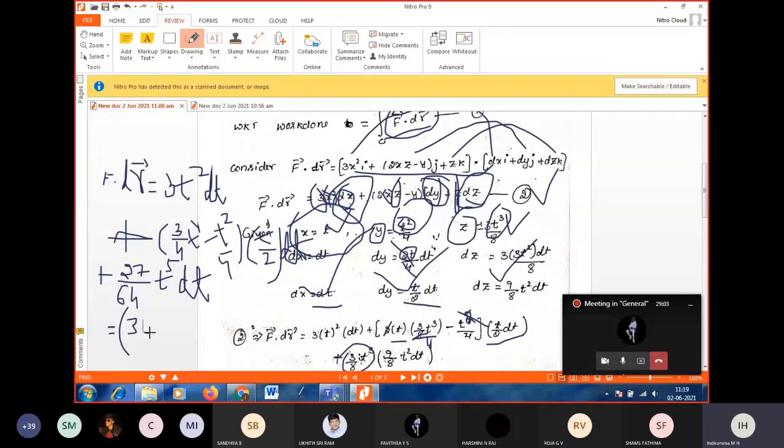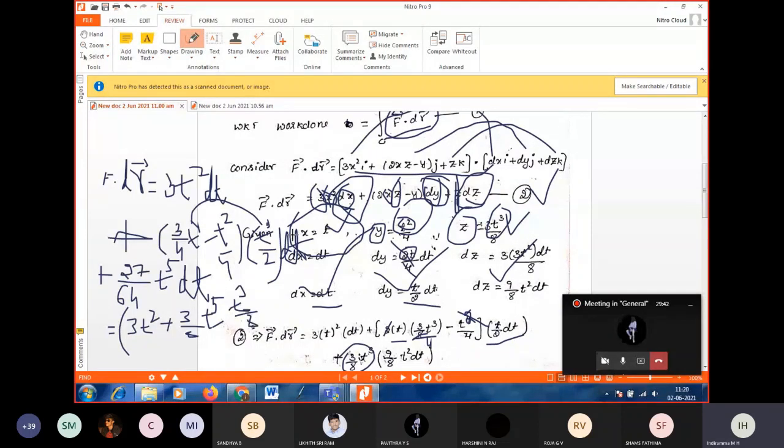Plus 3 by 8, 3 by 4 t power 4 into t gives t power 5, minus t square into t gives t cube by 8.